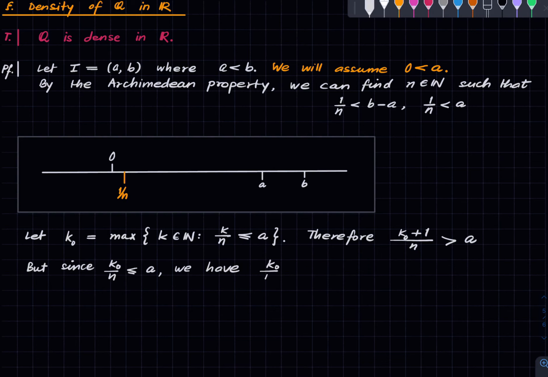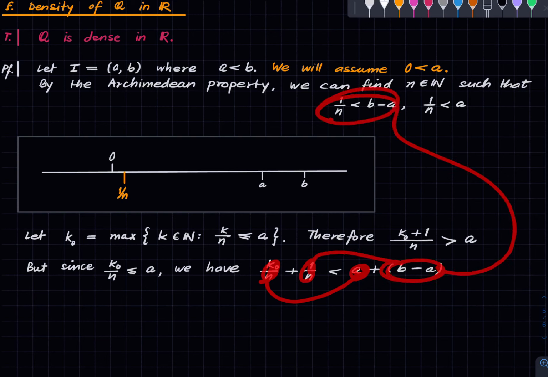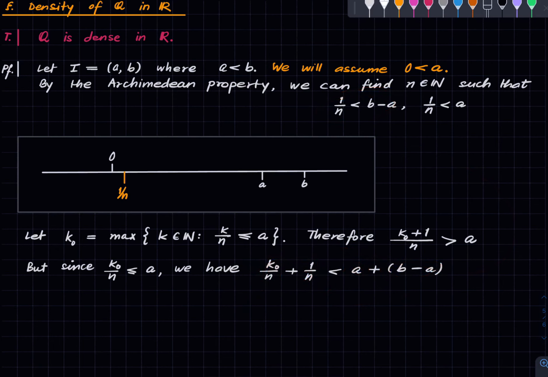We have k naught by n plus 1 by n is strictly less than a plus (b minus a). So what happened? This was less than or equal to a, but this was strictly less than b minus a. Note this one. Right? 1 by n is strictly less than b minus a, and this is less than or equal to a. So we have a strict inequality here.